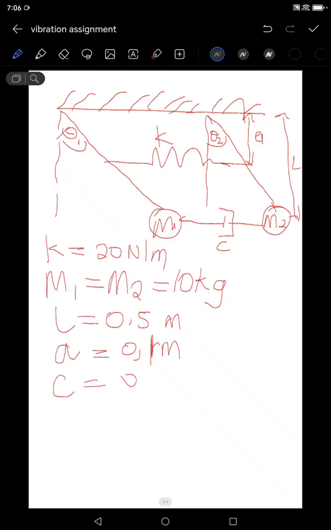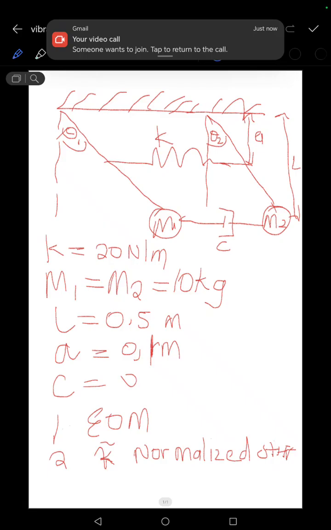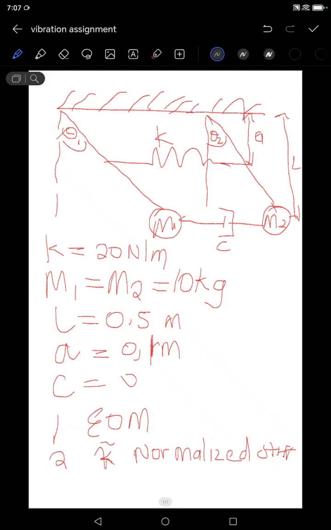And then after that, they also ask us to determine number 1. We're going to determine the equation of motion. Okay, and then in number two, we're going to determine the normalized stiffness. Okay, this K with the bar on top, we call it the normalized stiffness. So first we're going to determine the equation of motion.